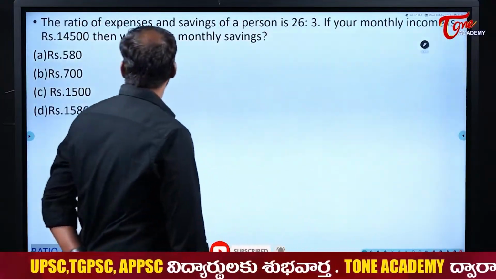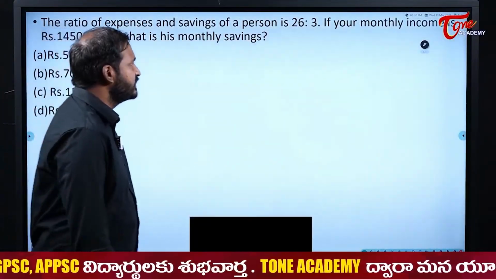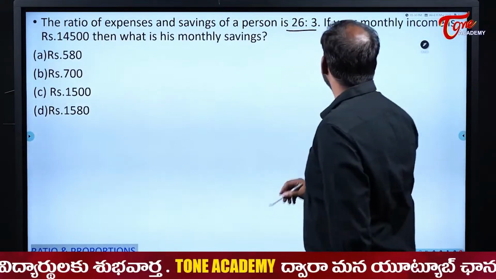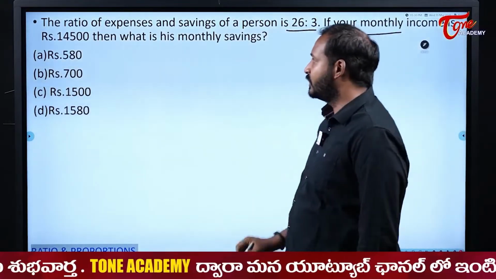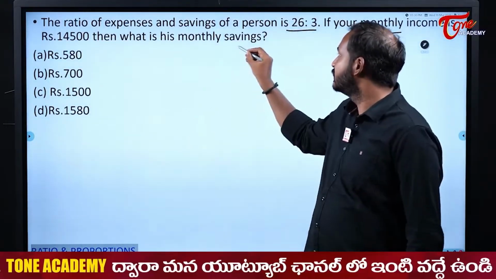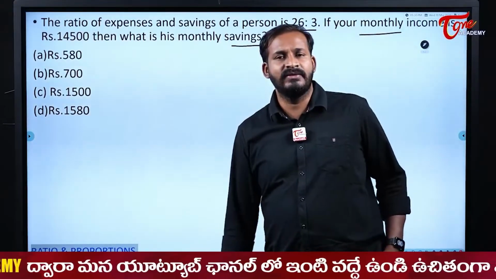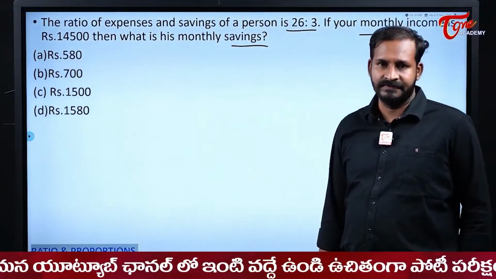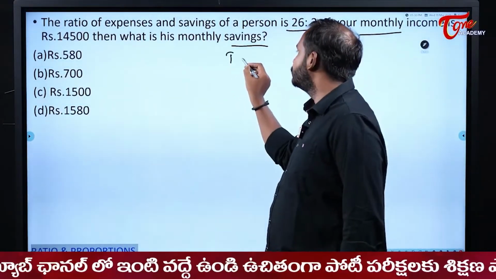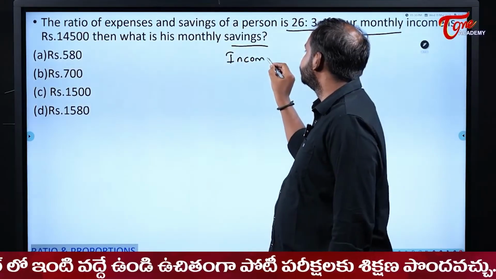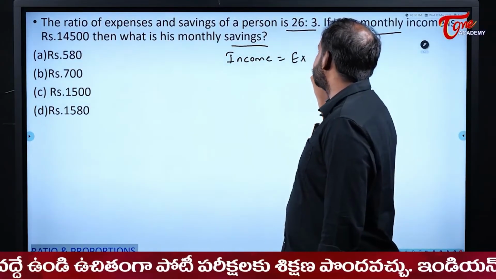Next one. The ratio of expense and savings of a person is 26 is to 3. If his monthly income is 14,500, what is the monthly savings? Now see here, what is the relation between income, expenses and savings? Income is equal to expenditure plus savings, right?